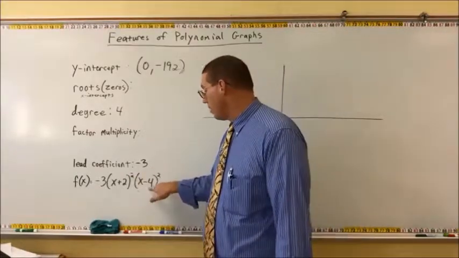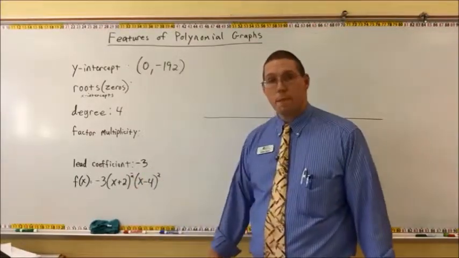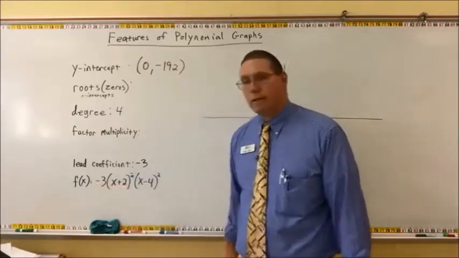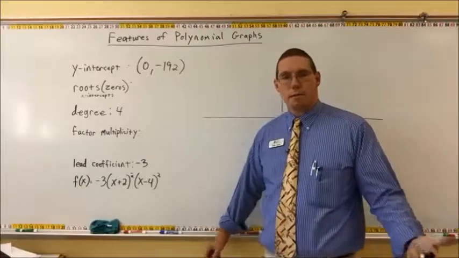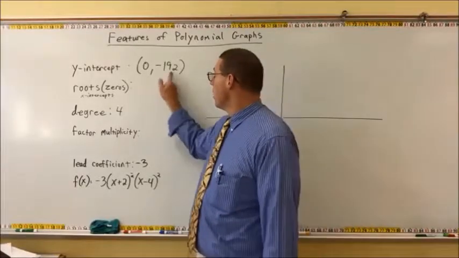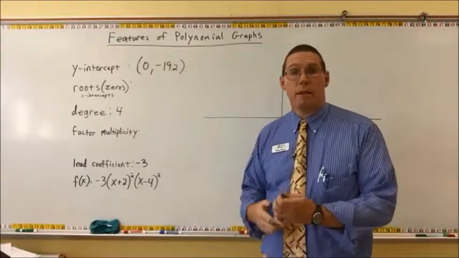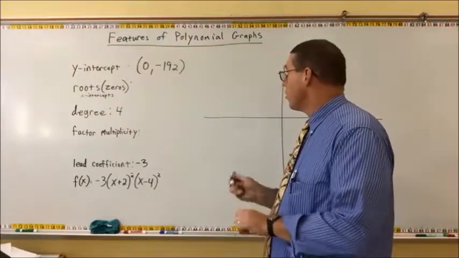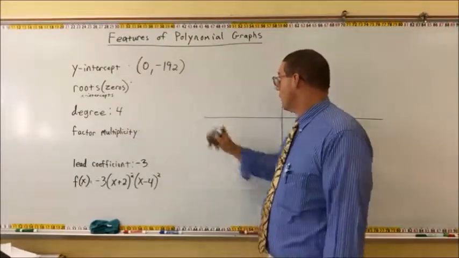And I multiply them. 16 times 4, that's 64. And then lastly, I multiply them by the lead coefficient, -3. And 64 times -3 is -192. So that's how I'm getting the y-intercept. Okay? All right, so we've got a y-intercept of 0 and -192.